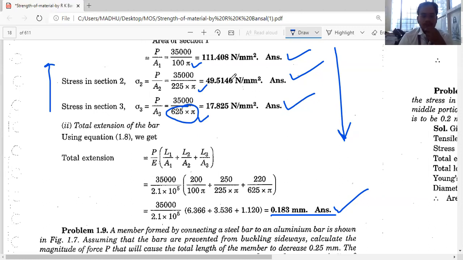So the stress value increases in the direction where the area decreases. If the area increases, what happens to the stress? It decreases.